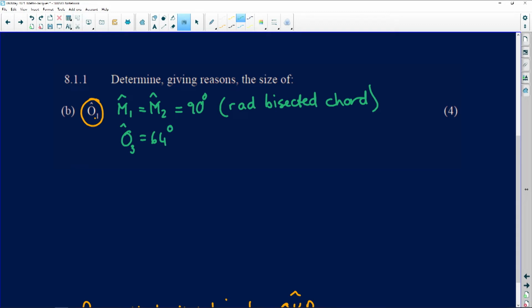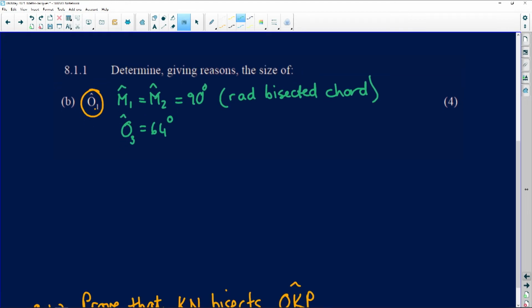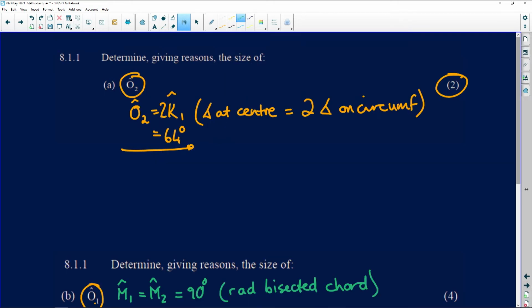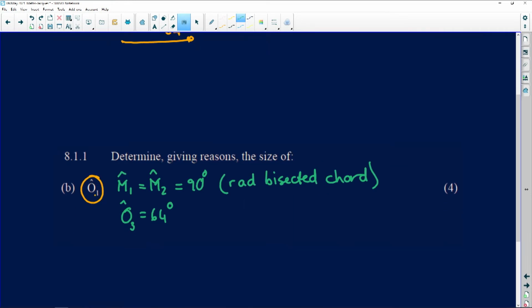Remember, O3 is this angle over here, so it's a complementary angle. Those two add up to 90, so O3 is indeed 64. And the reason we're giving is complementary angles. It takes 2 angles to be complementary.